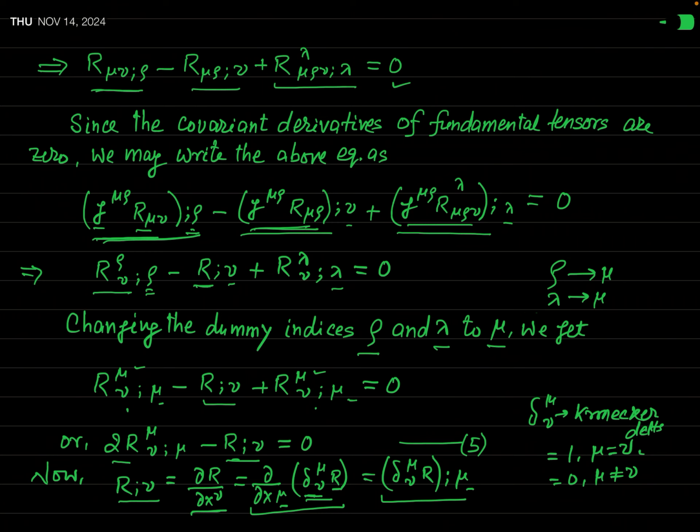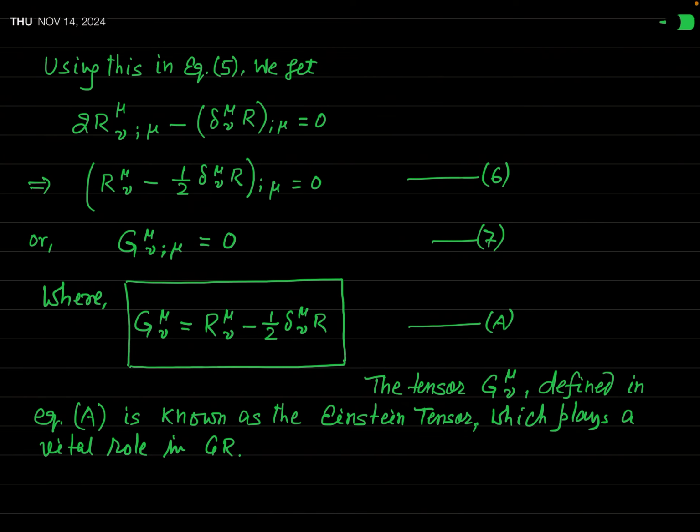So in place of the second term in our expression, we can write this much. Now equation 5 will become like this.